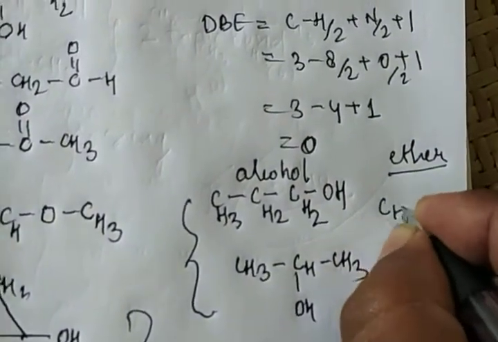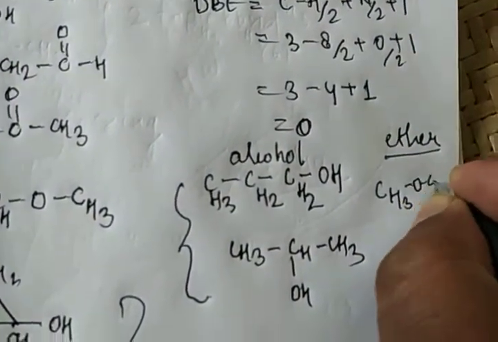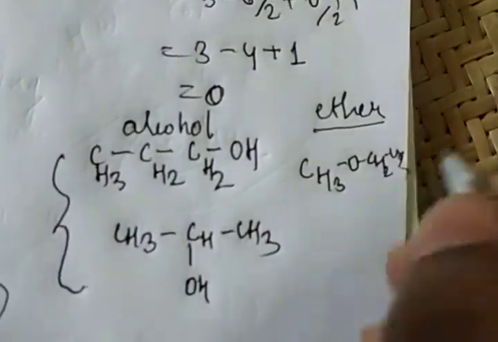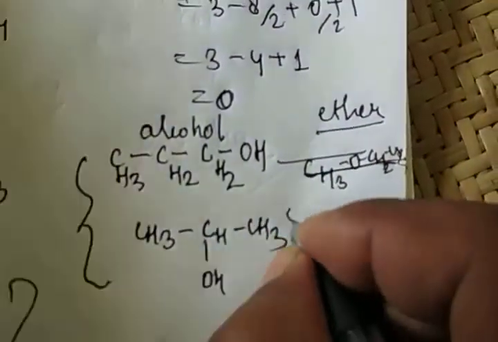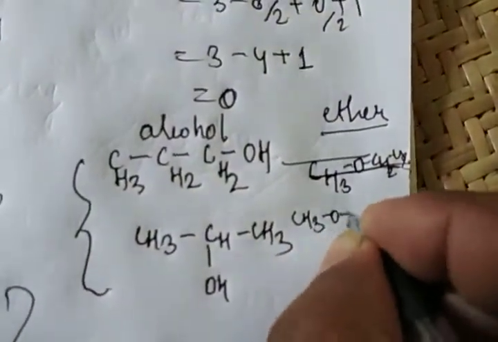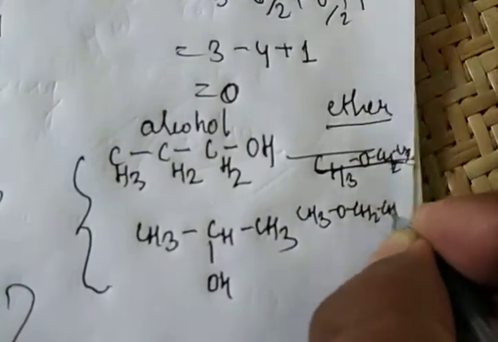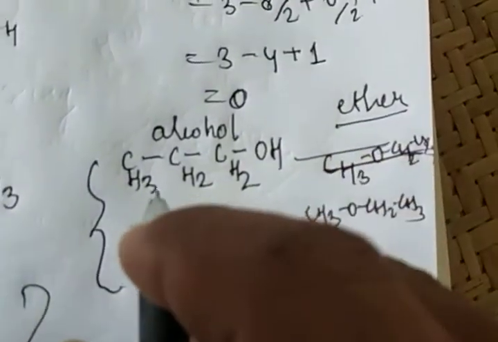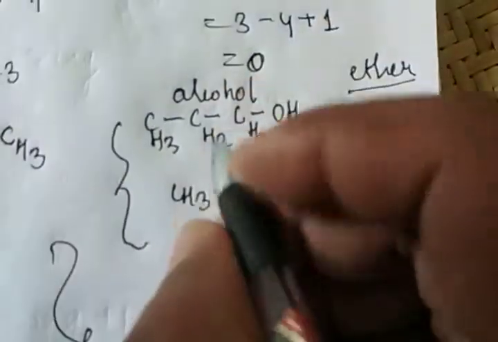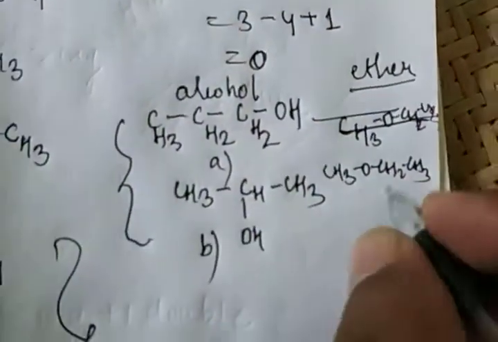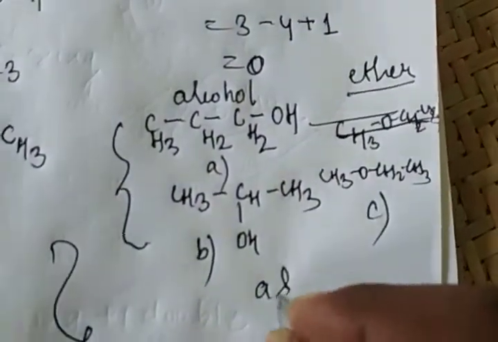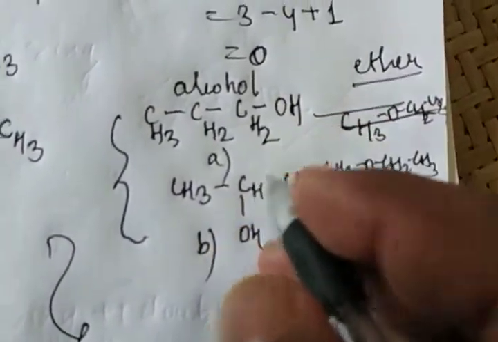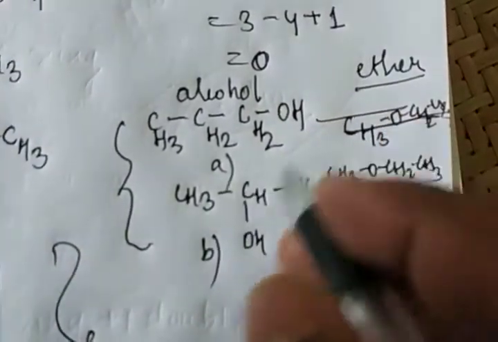Now the next, alcohol and ether are functional isomers. So CH3OCH2CH3. How many carbon? 3 carbon, 8 hydrogen and 1 oxygen. So structure A, structure B and structure C. A and B are what?